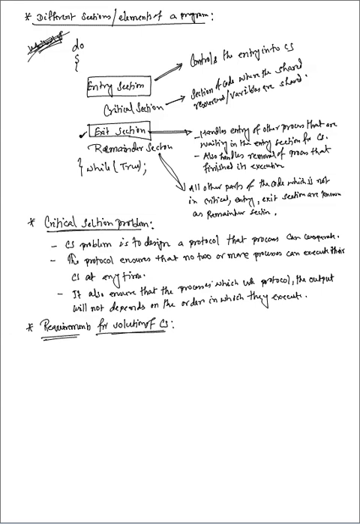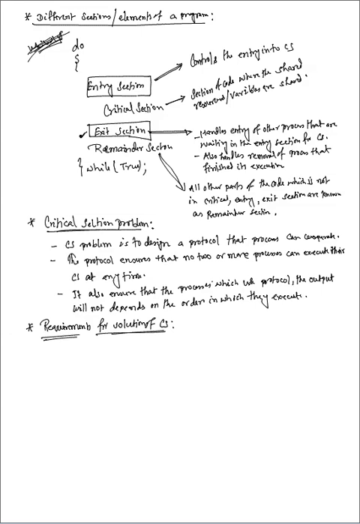So we'll see in the coming examples how the process which is exiting has postponed the execution of the critical section by the other willing processes. The third term is bounded waiting.